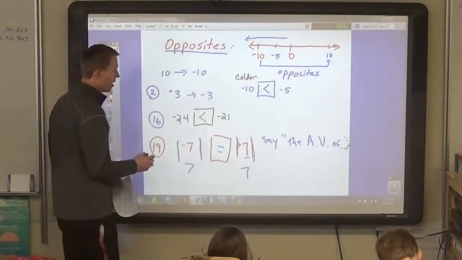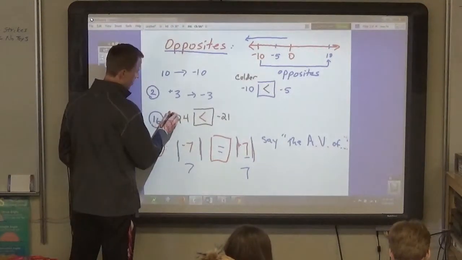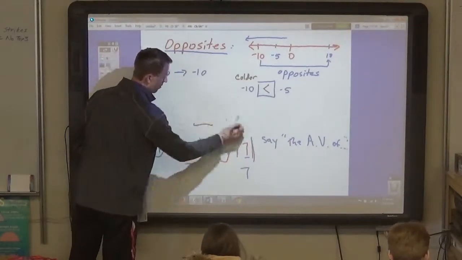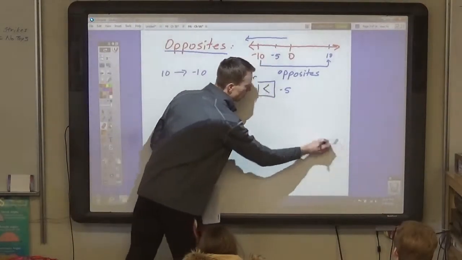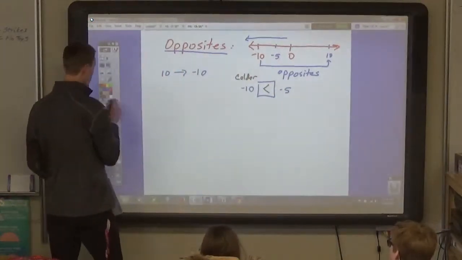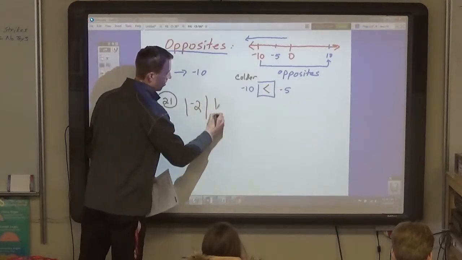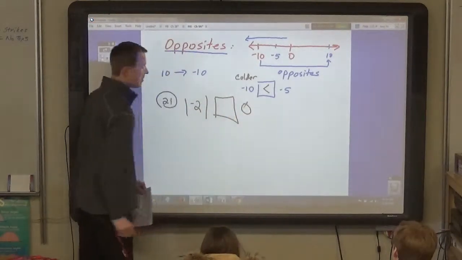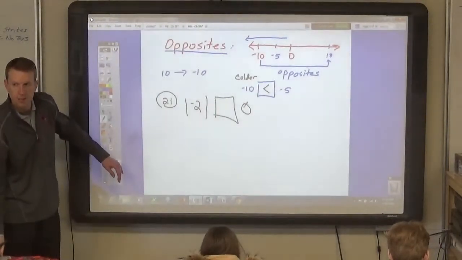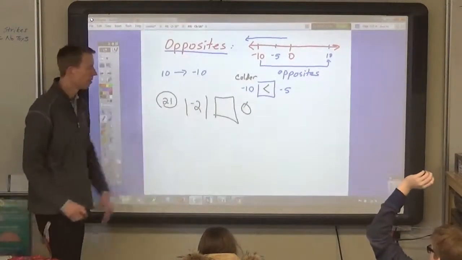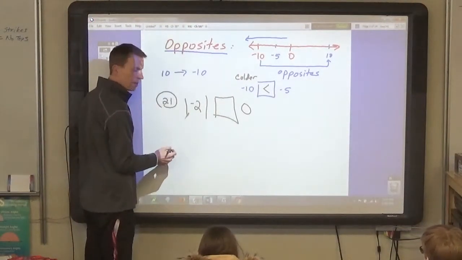How about number 21 then? This one has this. So how would you read this? Max? How would you read it first? What would you say?